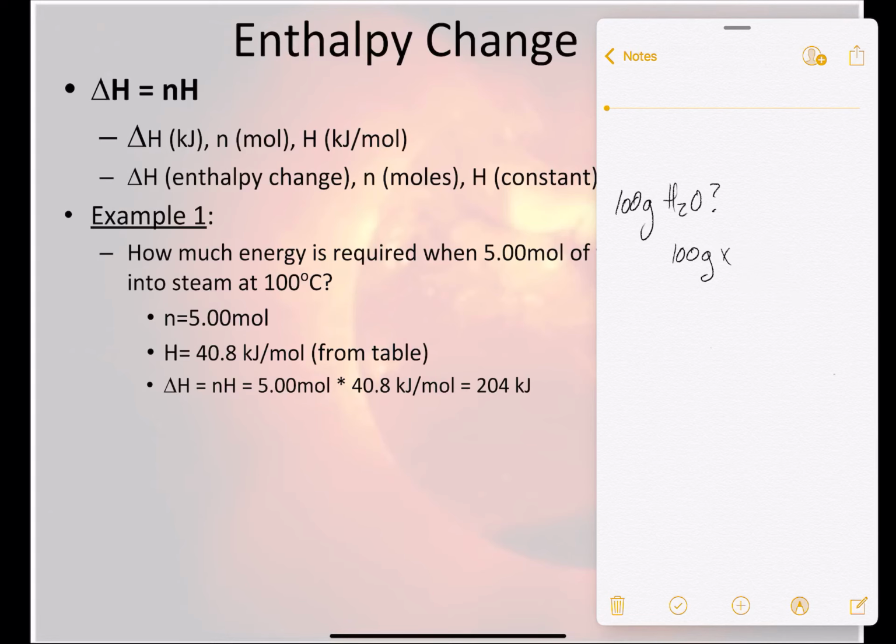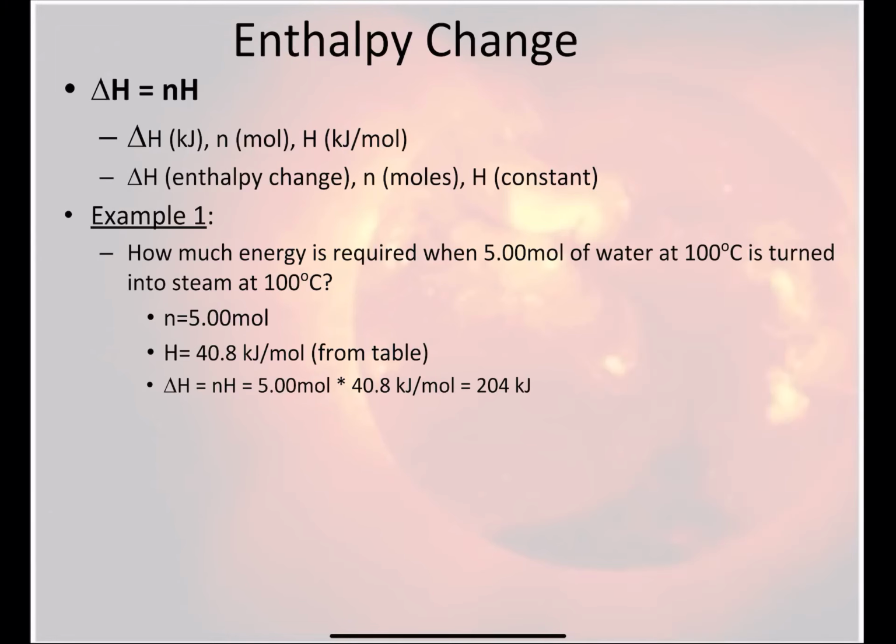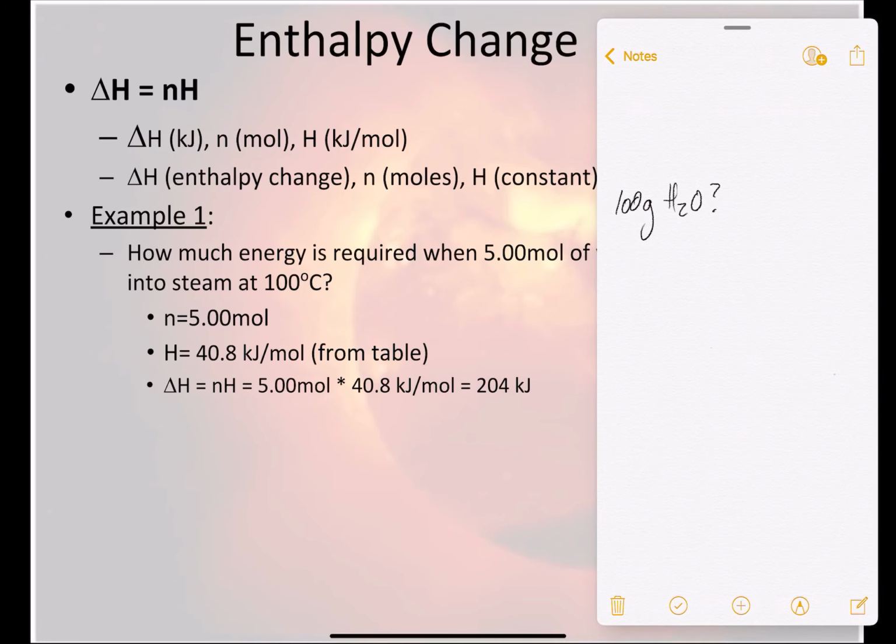So you will have to go through your stoichiometry reminders as you go through this unit. Now you can see here the answer for delta H is in kilojoules, and there's 204 kilojoules given off from that.